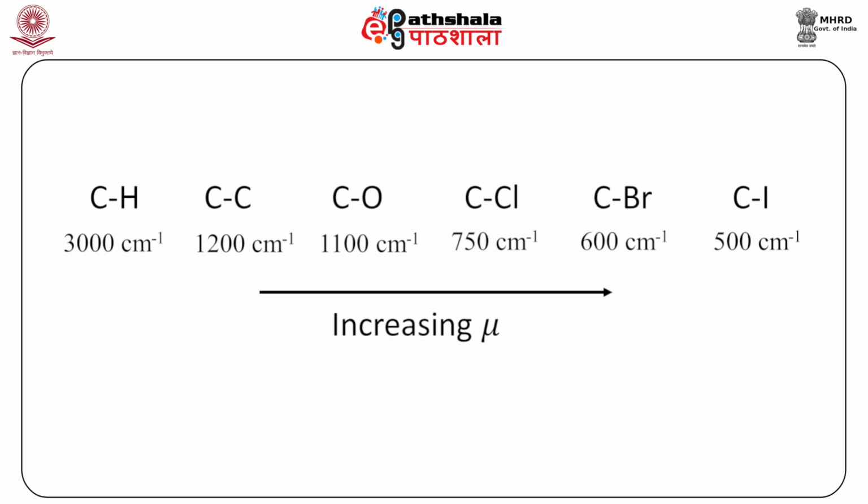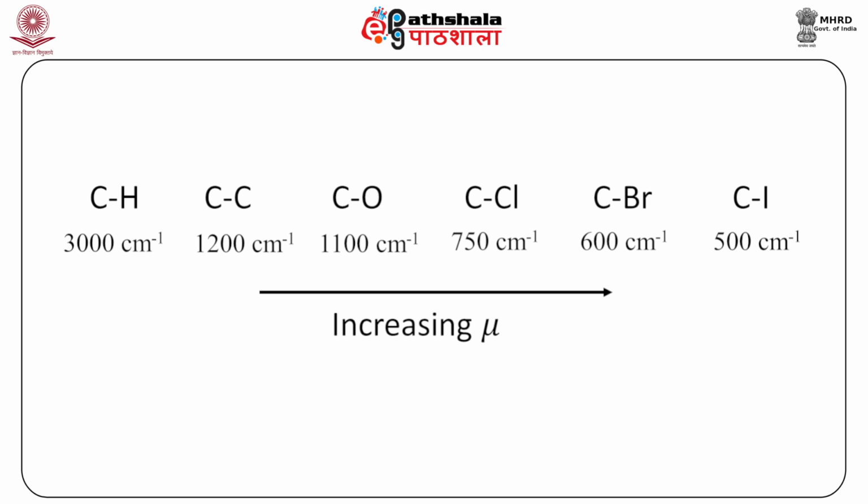As the atom attached to a particular atom, say carbon, increases in mass, the reduced mass increases, and hence the frequency of vibration decreases because they are inversely proportional. Now consider the bond attachments to carbon. One is hydrogen, in the other case it's carbon, the third case is oxygen, and the fourth case is chlorine.